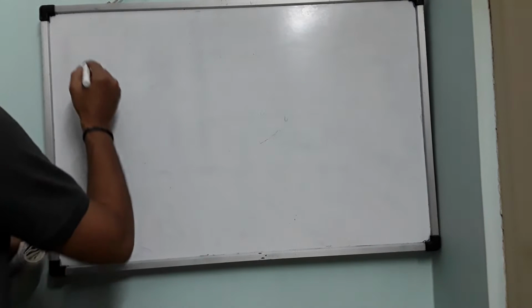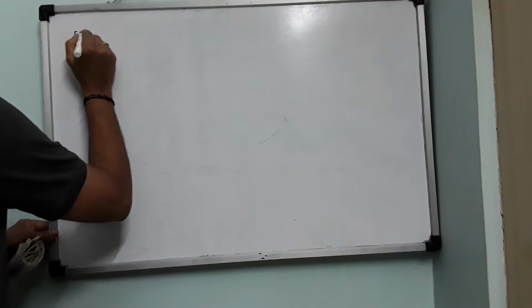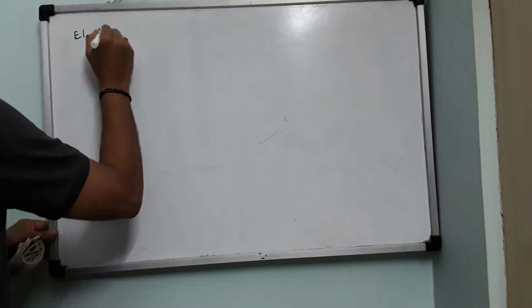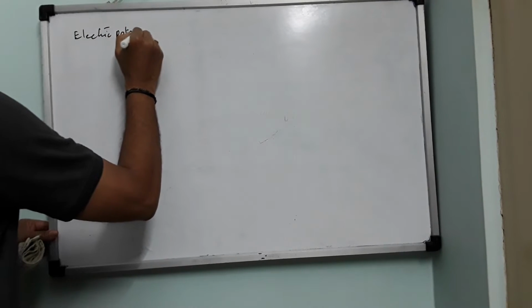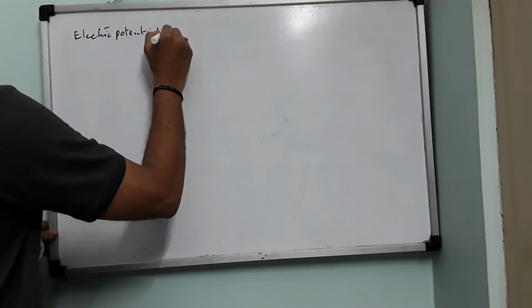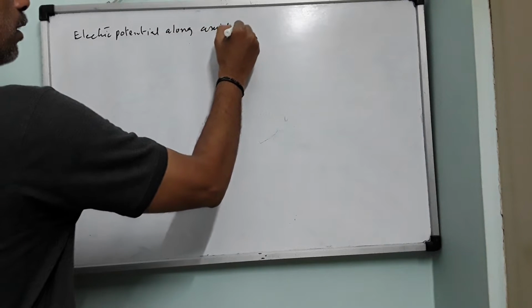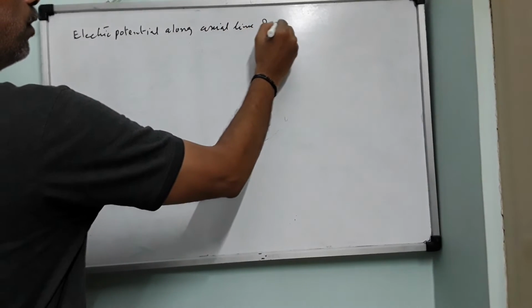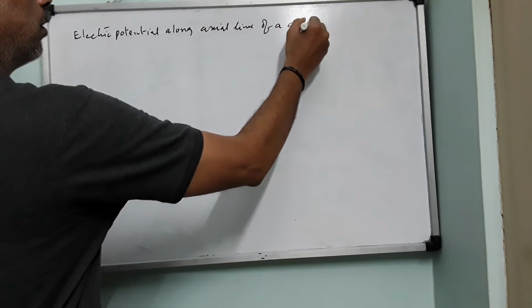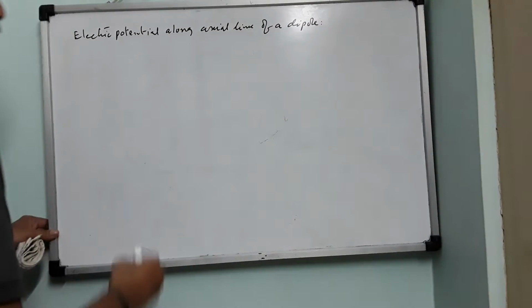So today's topic: electric potential along the axial line of a dipole. Right.